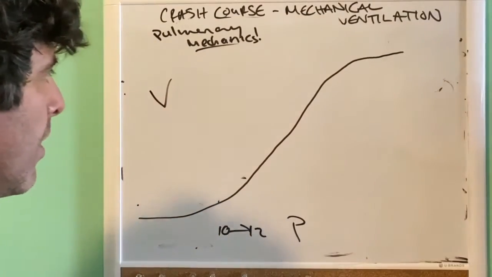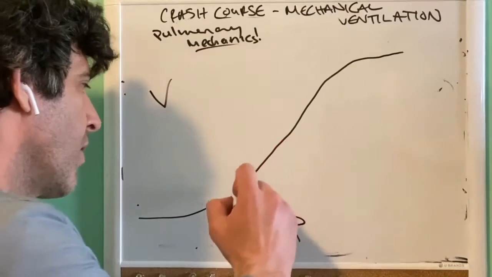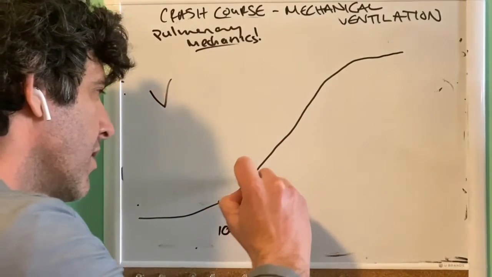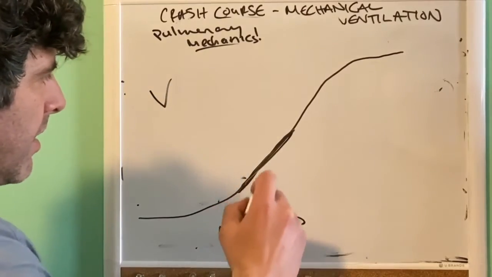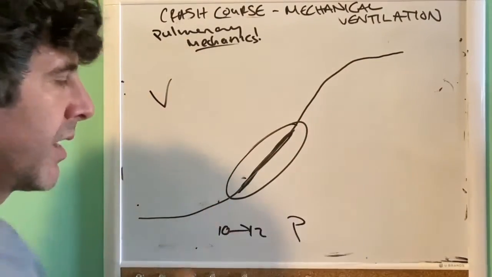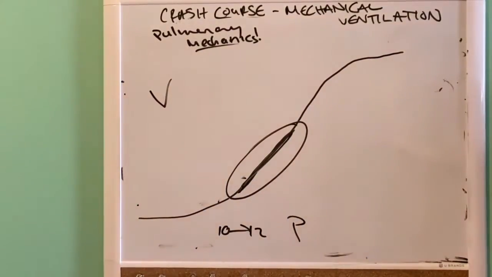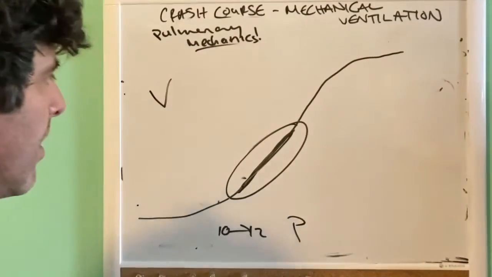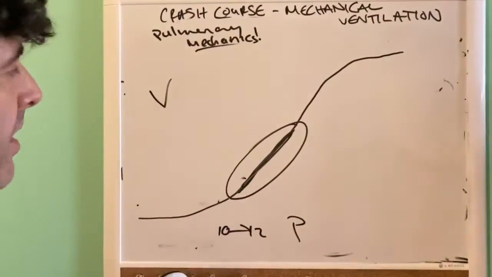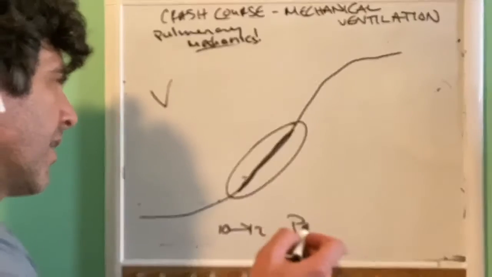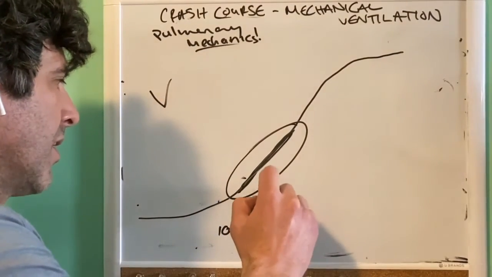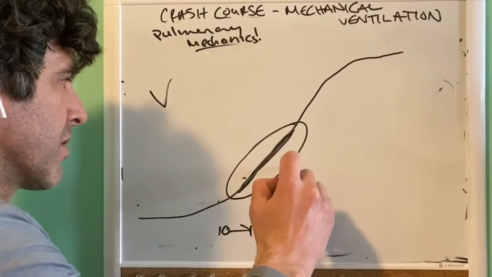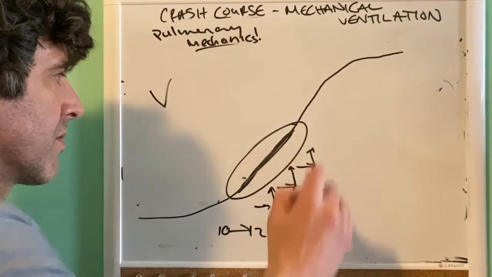And what I'll tell you is that right here is where you want people to breathe. This is generally where I'm breathing right now, where you're sitting at home breathing, on this part of the compliance curve, which is to say that you generally have a linear relationship: increase pressure, get a certain volume. Increase pressure, get a certain volume. Increase pressure, get a certain volume.